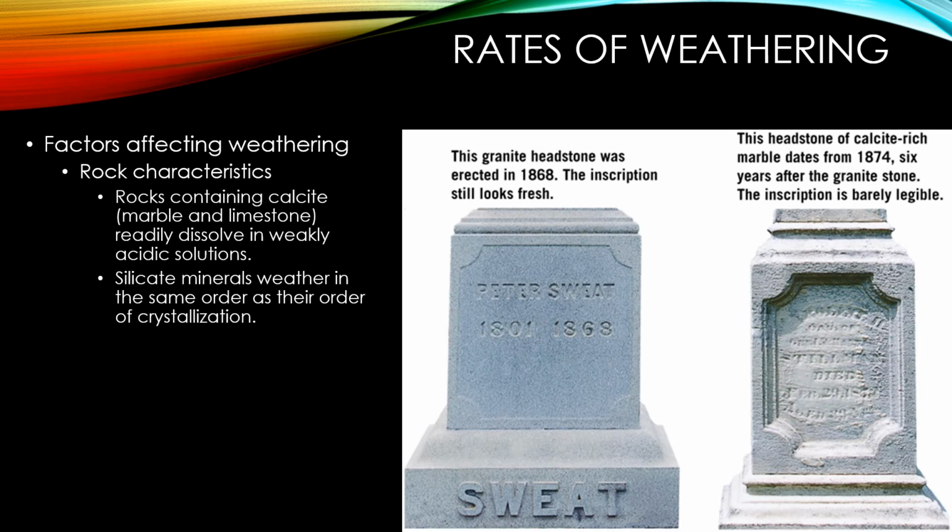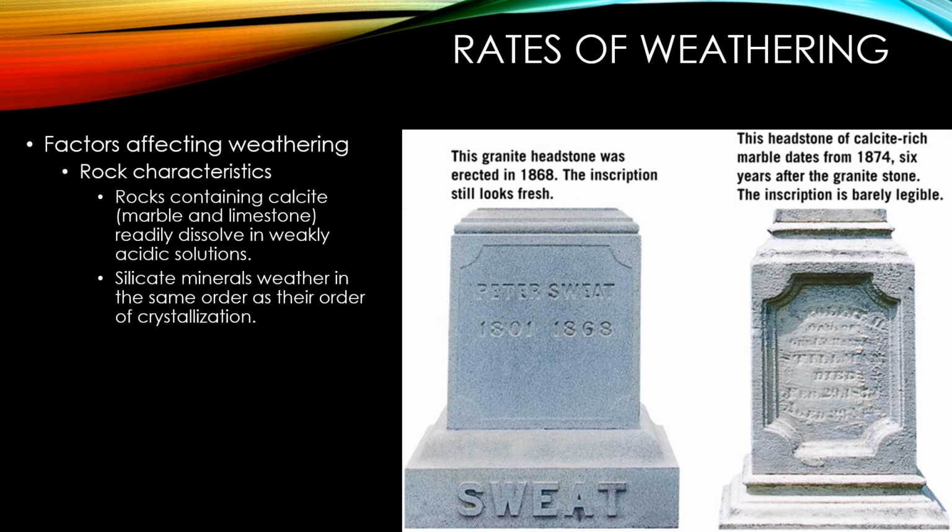One way that I like to think about this is that the conditions at Earth's surface are much different than the conditions are far beneath the Earth when these minerals form.